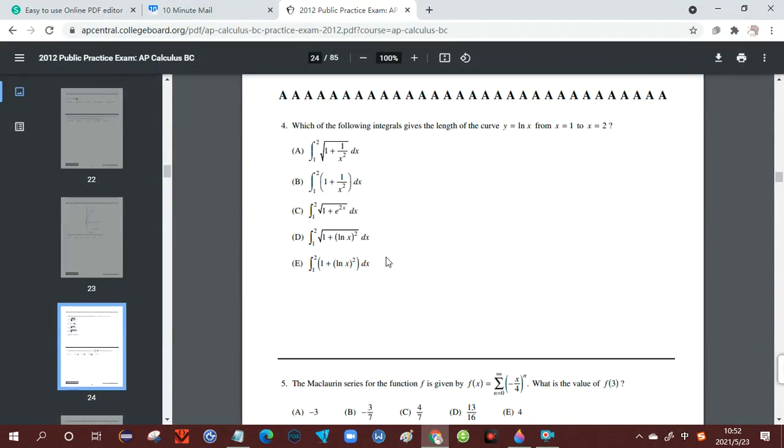Now let's look at problem 4. Which of the following gives the length of the curve from 1 to 2?